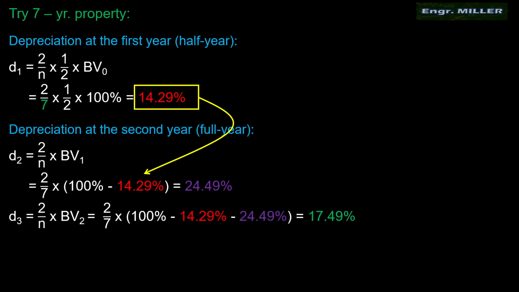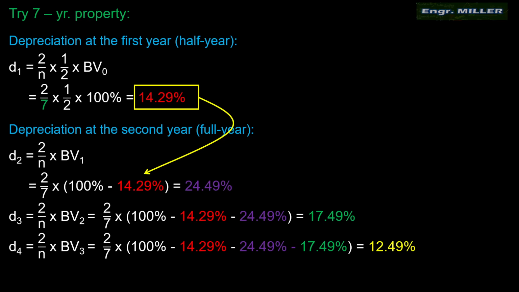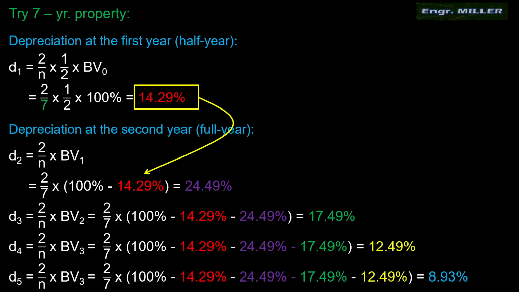And ganun din ang gawin mo sa third year. Yung 14.29% sa first year, i-minus mo sa 100. Yung 24.49 sa second year, i-minus mo ulit dun sa 100. Ang magiging depreciation rate sa third year will be 17.49%. Ganon din ang mangyayari sa fourth year, ganon din ang mangyayari sa fifth year.